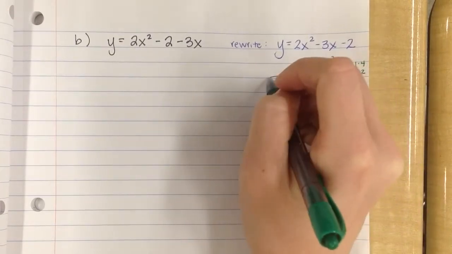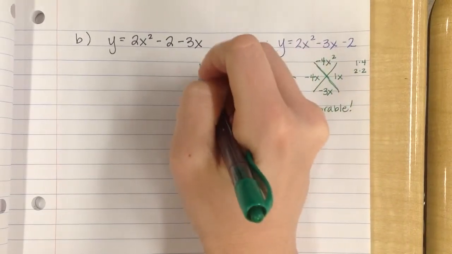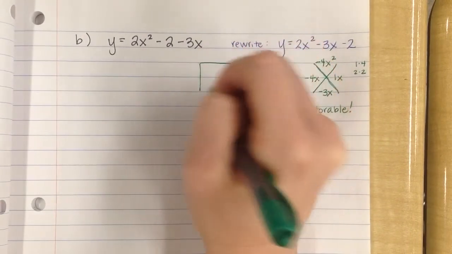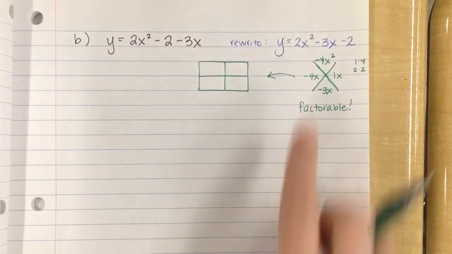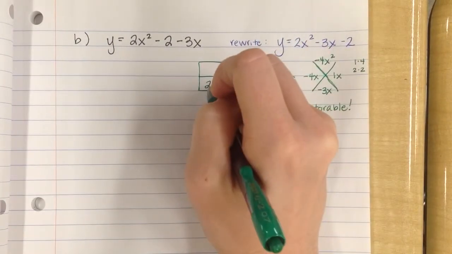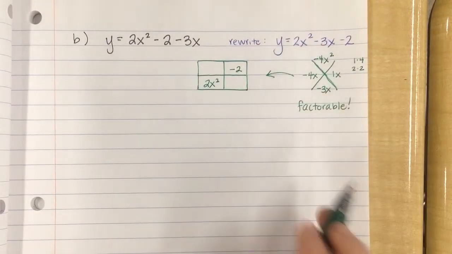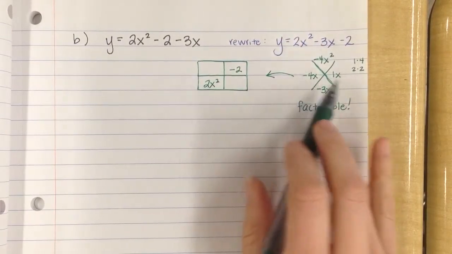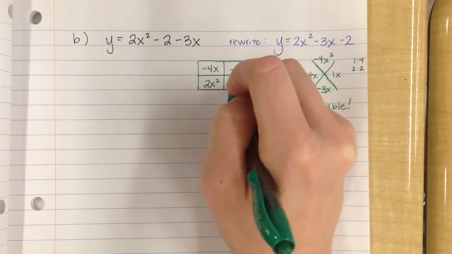I can go ahead and put it into the generic rectangle. I'm going to take my A value over here, 2x squared, take my C value over here, -2, don't forget that negative, and take my two factors from the left and right side of my diamond factor, -4x and +1x.